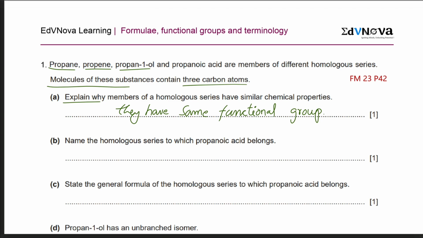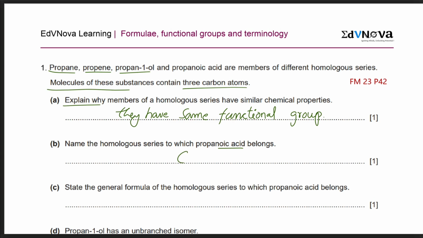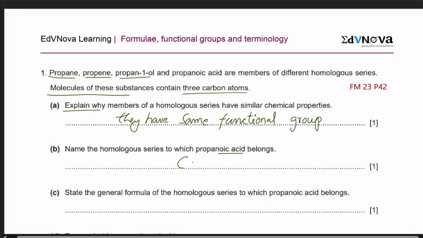Next, name the homologous series to which propanoic acid belongs. Oic acid, the name itself gives hint, it's a carboxylic acid. Great. State the general formula of the homologous series to which propanoic acid belongs.